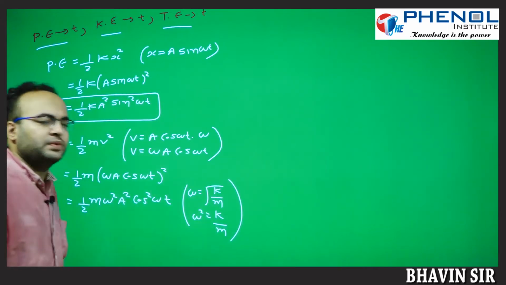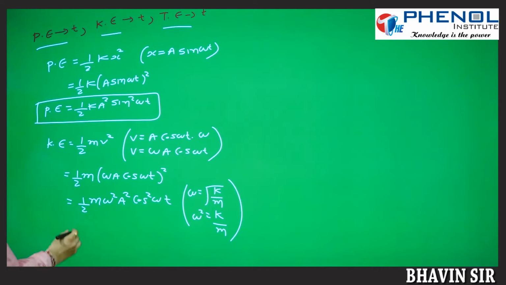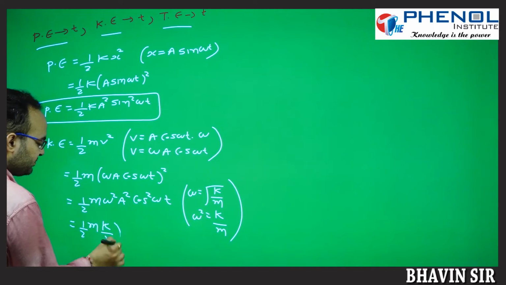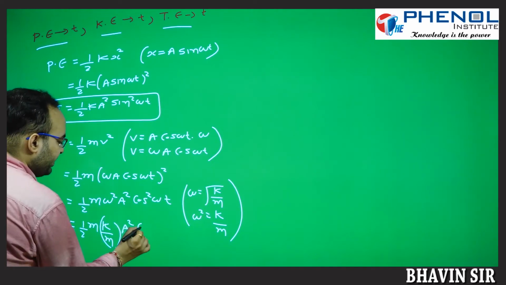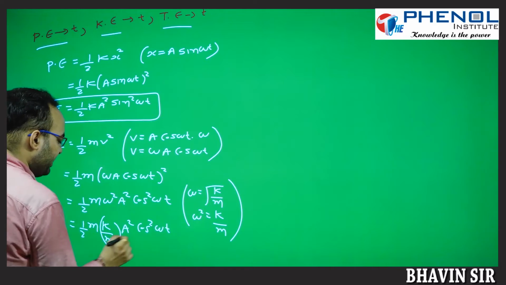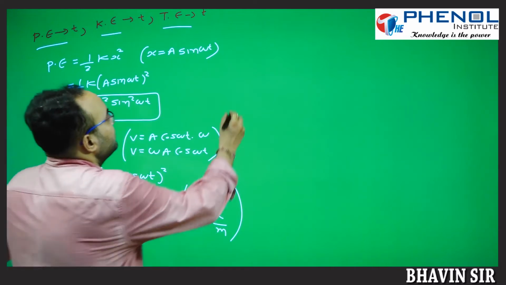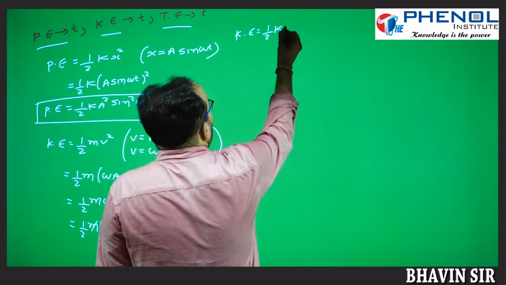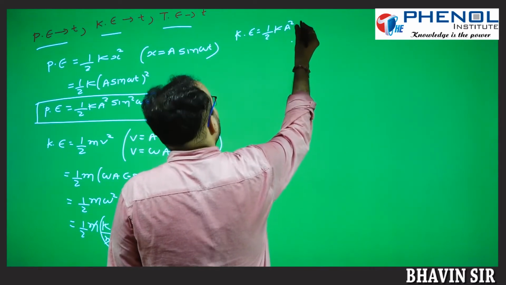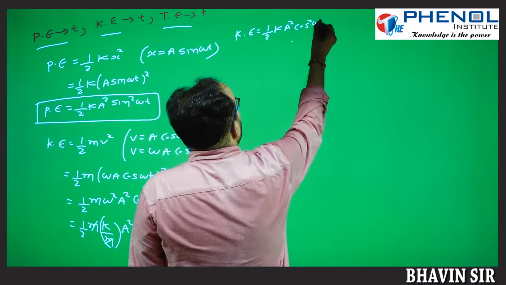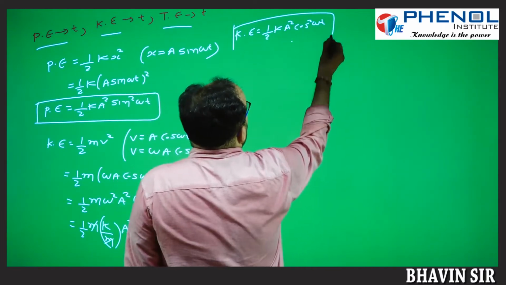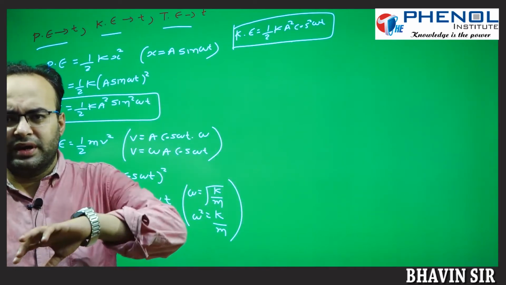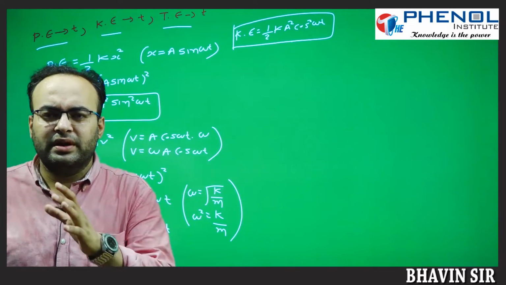So omega square is equal to k by m. m cancels. So what is the kinetic energy? Half k A square cos square omega t.